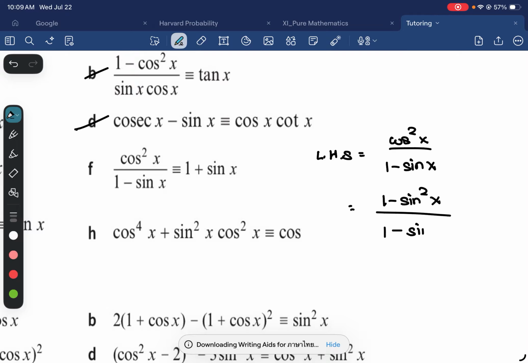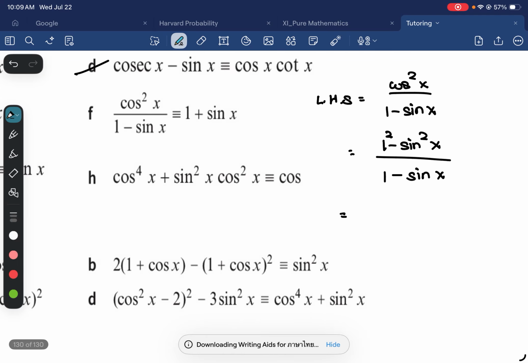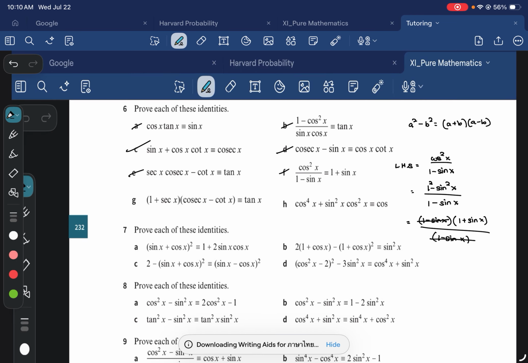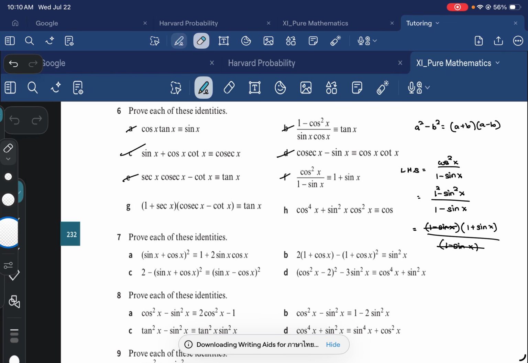And if you remember, because I can write 1 as 1 squared, a squared minus b squared is just a plus b, a minus b. So using that, I can write the numerator as 1 minus sine x, 1 plus sine x, right? Divided by 1 minus sine x. And this cancels out, leaving me with 1 plus sine x. Alright, so we are done with F.